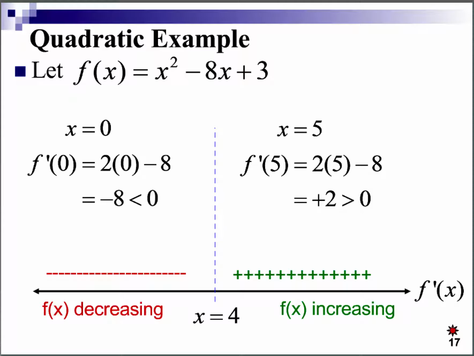The answer is no. And that's because we found one and only one critical point. So therefore, there's only one point where you could see a potential sign change. This is it right here, x equals 4. There are no other points for this function where that could happen, so you know there's no other place where the graph could either have a max or a min or possibly what we called an inflection point.